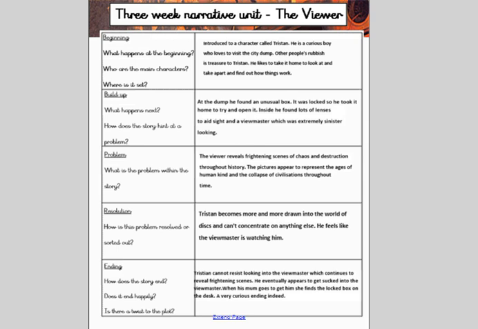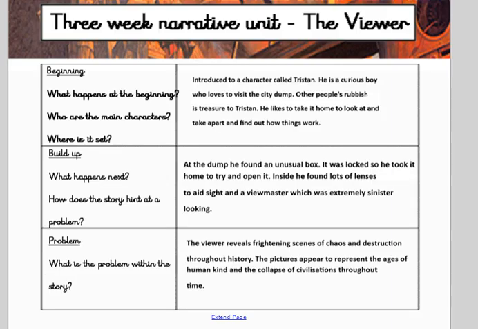What we're going to do today is we're going to take these first three sections, and we're going to look at how we can change it. So you're going to look at the beginning, you're going to look at finding the viewer, and then we're going to look at the initial problem. And that's what your final outcome is going to be.